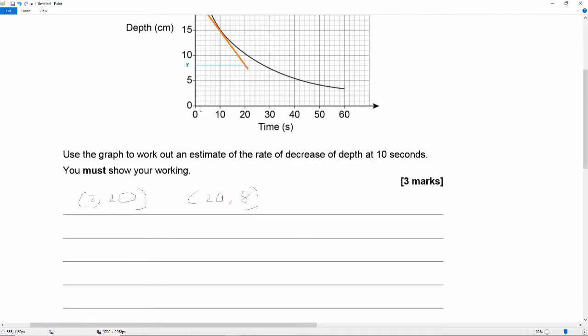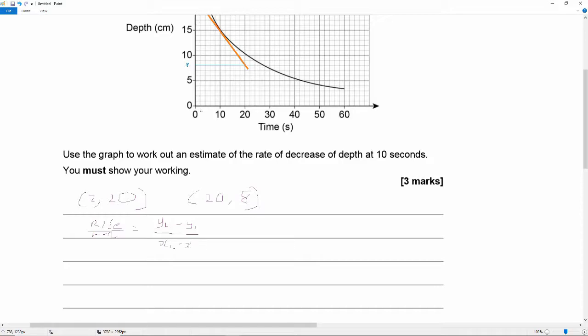So it's rise over run, which is equal to y2 minus y1 divided by x2 minus x1.